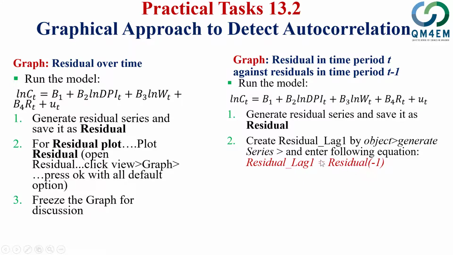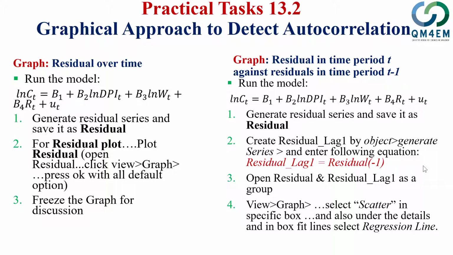Once I generate this lag value of the residual, the next step is I open these two variables, the original residual value and the lag residual value, as a group, and then I go to the view, and this time I go for scatter graph rather than line graph, because now I have two variables, and with all default settings I press OK.